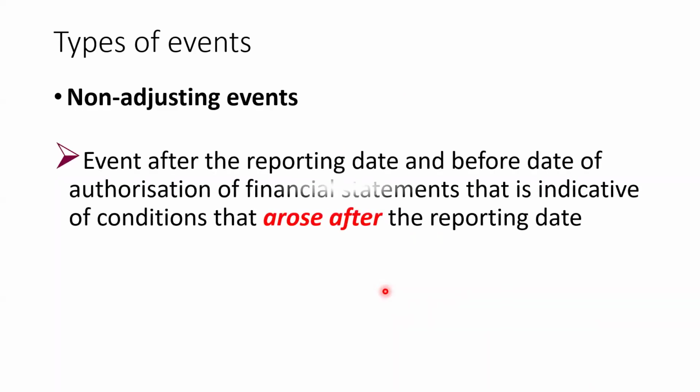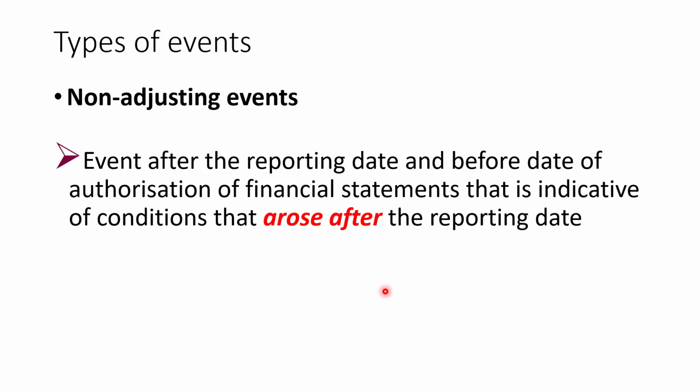What about non-adjusting events? They are the events after the reporting date and before the authorization date that are indicative of conditions that only arose after the reporting date. They don't have anything to do with the reporting period.